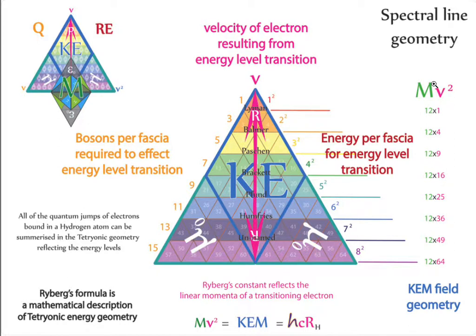Obviously, the relationship of the energy to the momenta is one of squared energy levels to the square root momenta. mv squared, matter velocity squared, is the energy of the chem field required to accelerate any particular matter to a certain velocity.